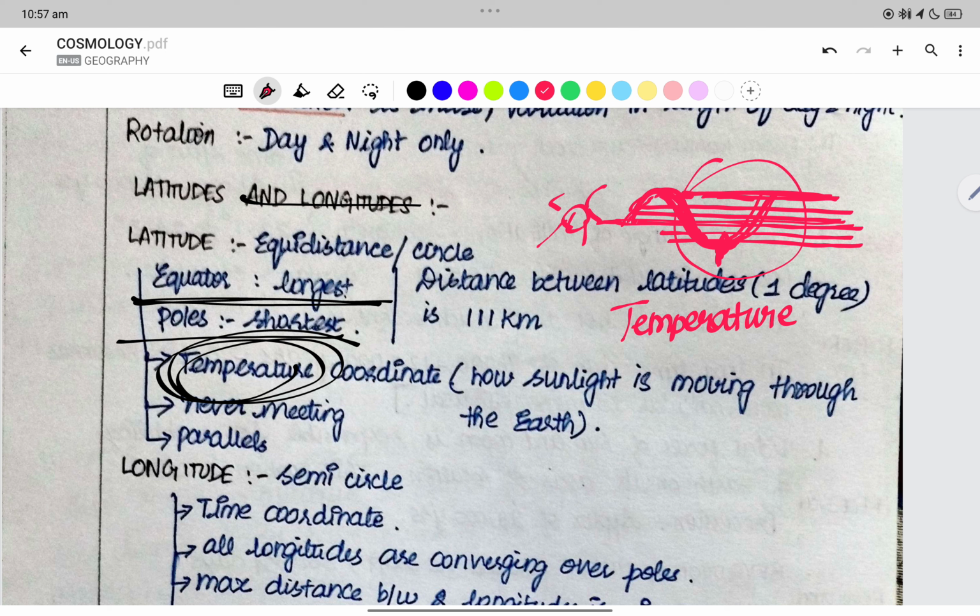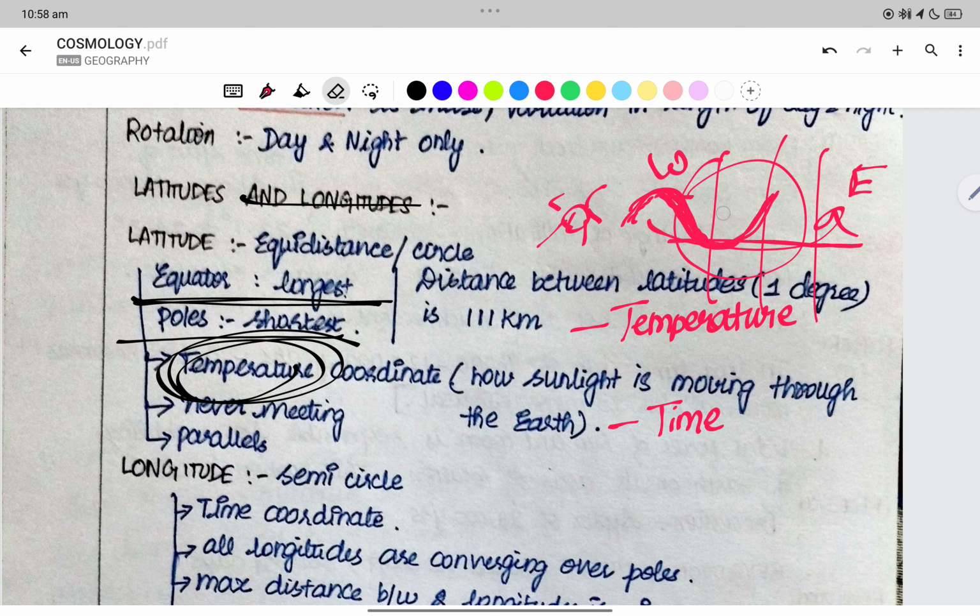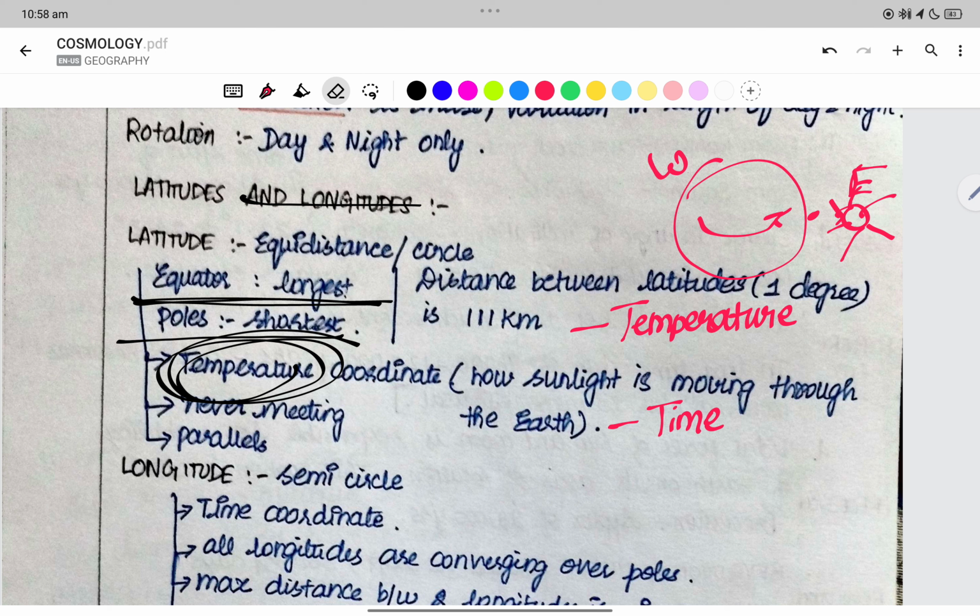We have two things, then we have time also, right? Longitudes are for time. Now because the Earth is rotating from west to east, the sun rises in the east. So here it is night.